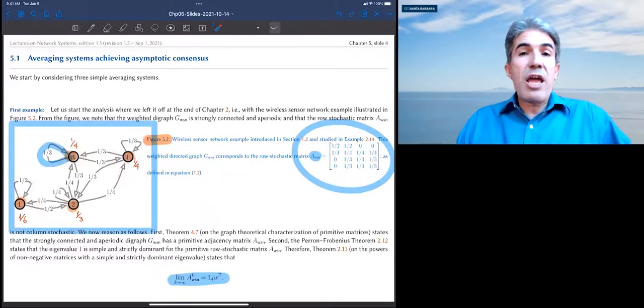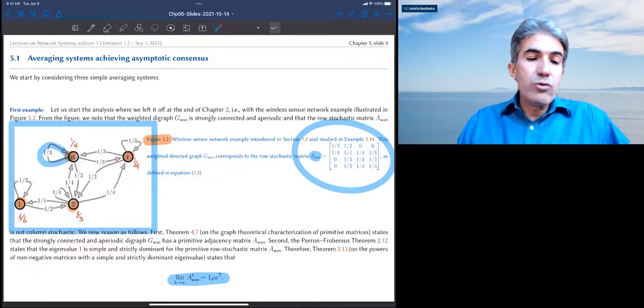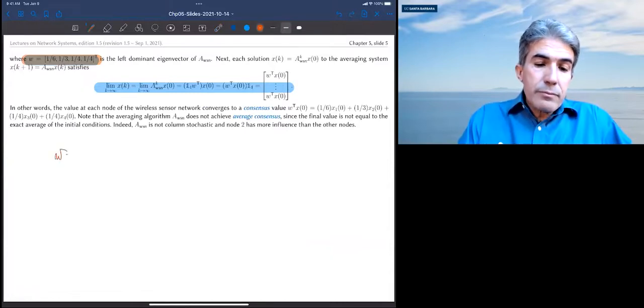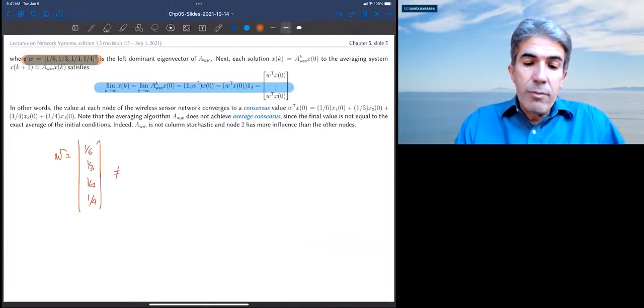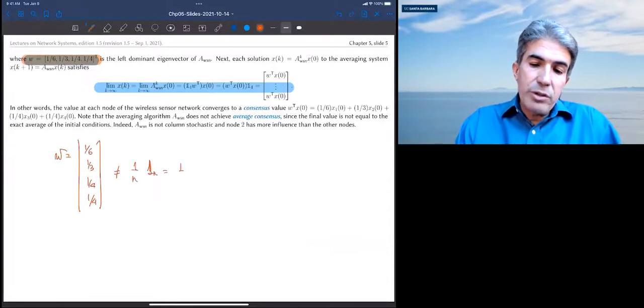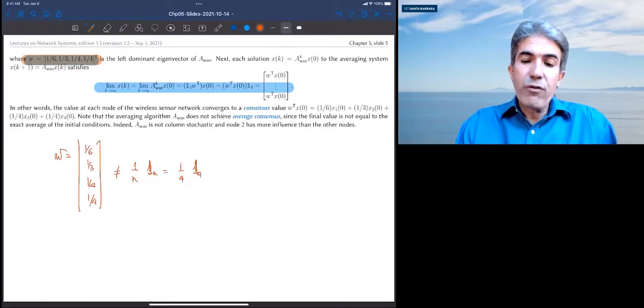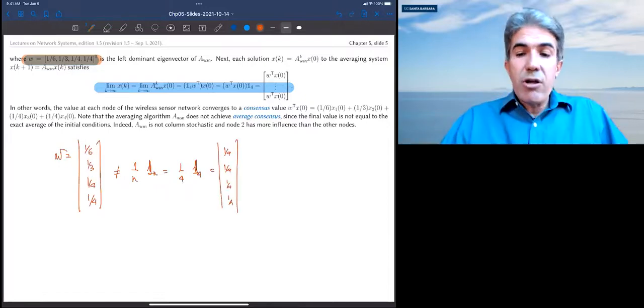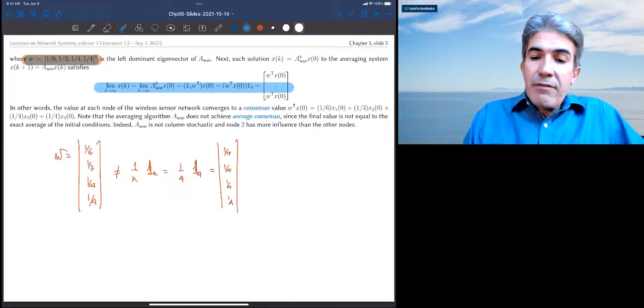This is not by chance, and we will understand this when we do the equal neighbor model in a later section. But the point is that for sure the vector W being equal to 1/6, 1/3, 1/4, 1/4 is clearly different from the vector 1/n times 1_n. Well, in this case it would be 1/4, 1/4, 1/4, 1/4, right? That would be the vector that would give us average consensus.